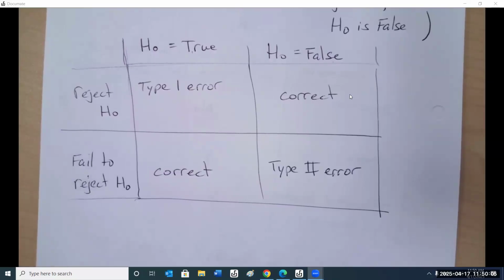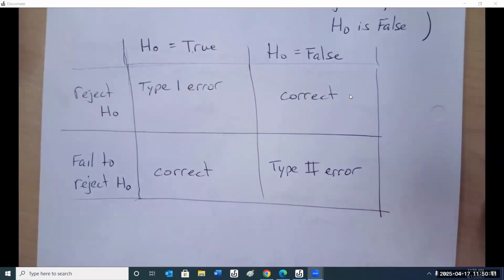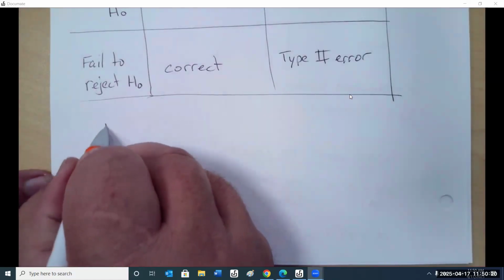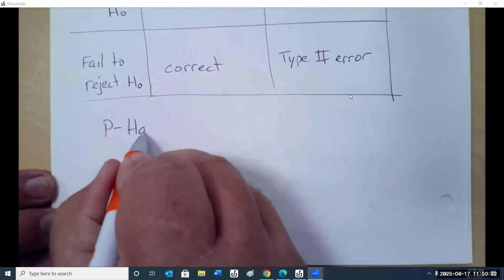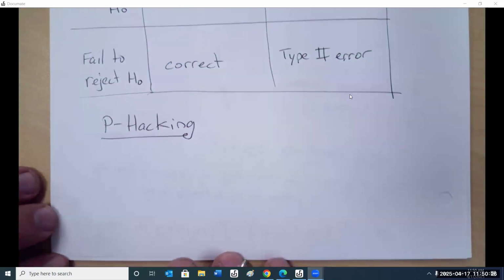Because now this is the next part of this same topic we were talking about. This is important when we deal with publishing statistical information. There's even a worse thing. P-hacking.